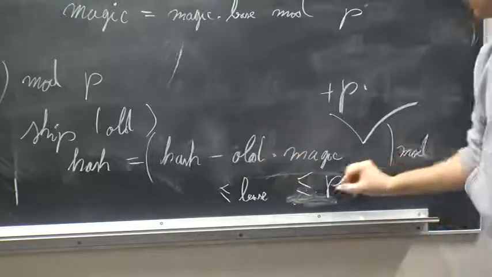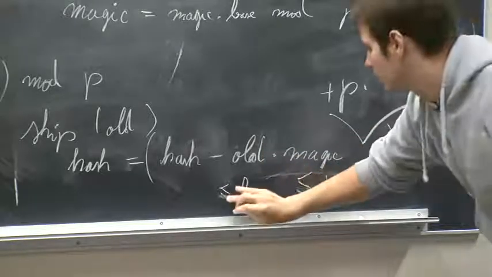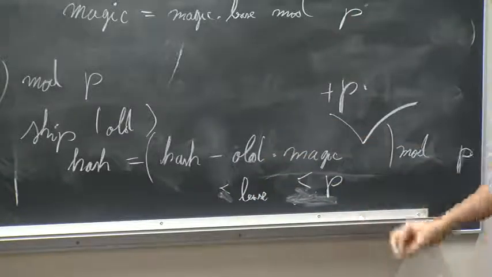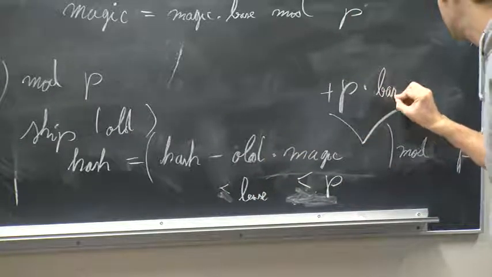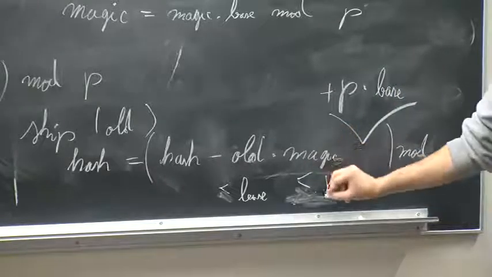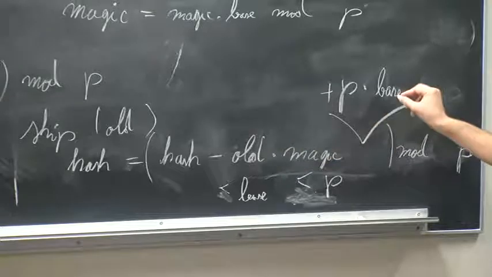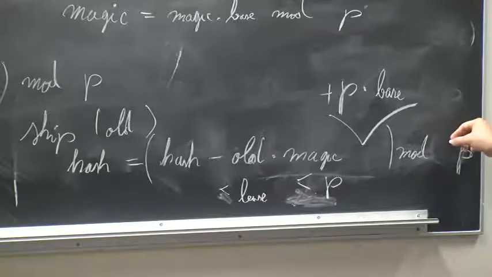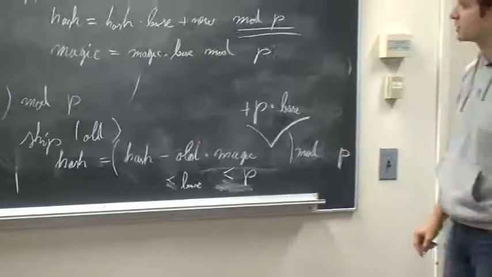So this whole thing is definitely going to be smaller than, actually these are strict, so this is definitely going to be smaller than base times p, right? So let's put that in here. You can get fancy and say, hey, this is smaller than p and this is old, so you can put old here instead. Same thing. Okay, so we have hash. Now what do we do to magic?